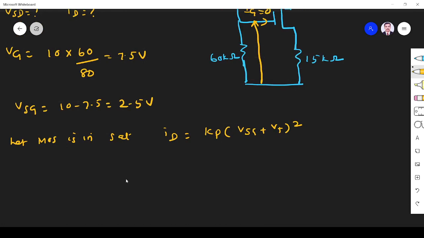Kp is 0.2, VSG we just found is 2.5, Vt is again minus 0.8, squared. If you simplify, what we get is 0.578 milliampere.